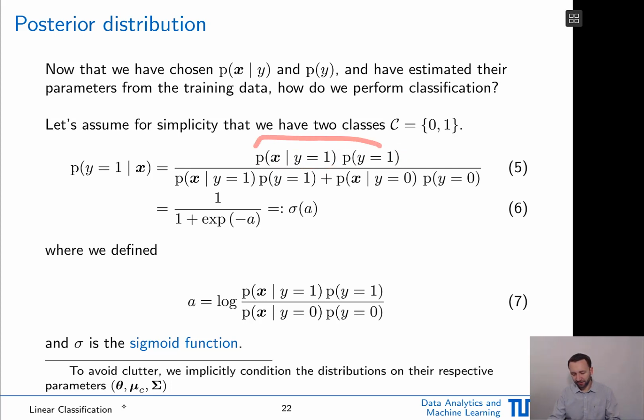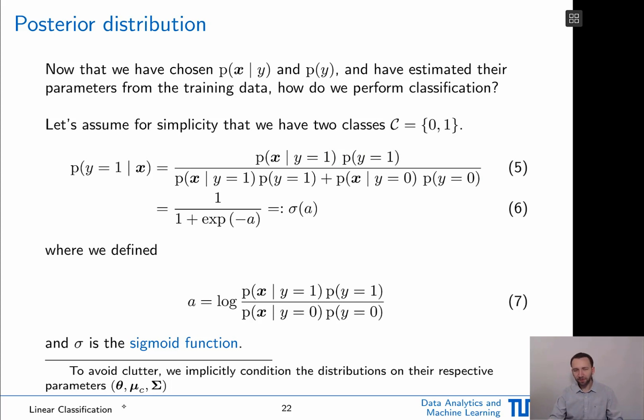This is what I just described on the previous slides with this small drawing. Then, to make it a proper distribution, we have to normalize by these two terms. Here's the term for class 1 and here's the term for class 2. If we have more than two classes, we have even more terms to normalize, and we just have to enumerate all these possible classes.